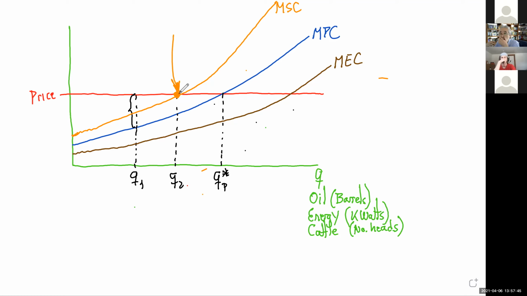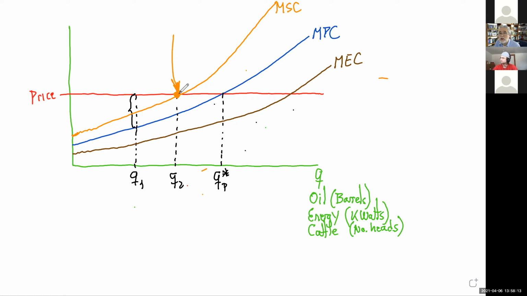You just need to mention exactly what your units are on the horizontal axis, and why that production of the particular unit you're analyzing creates the externalities represented in the brown line. Why is that production associated with the private costs, which is the blue line?